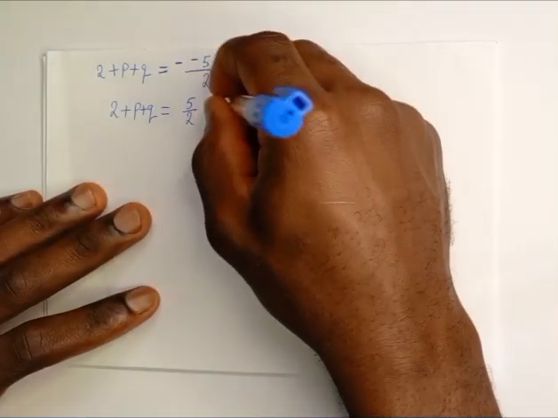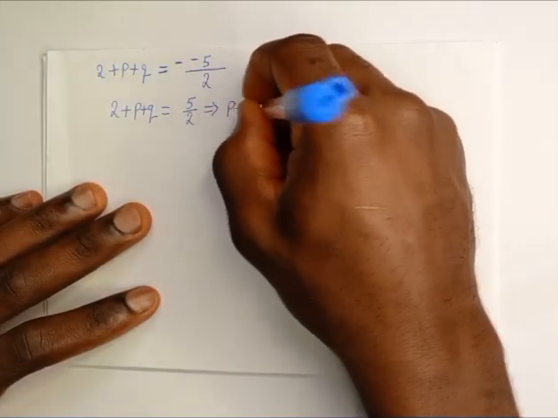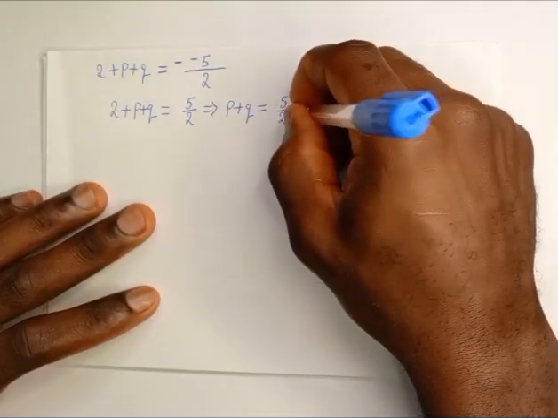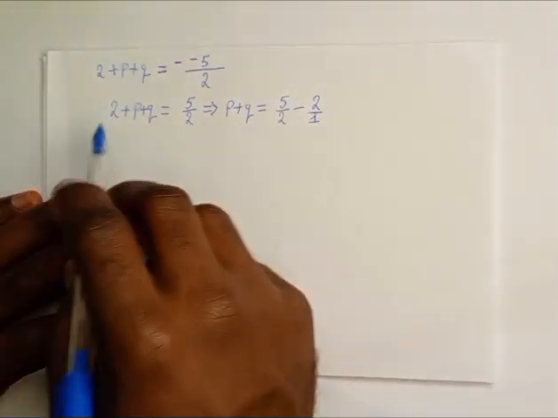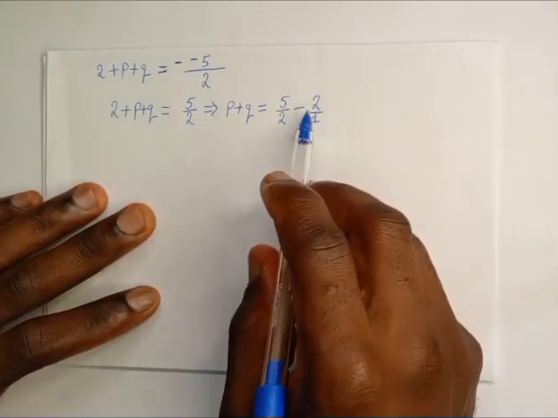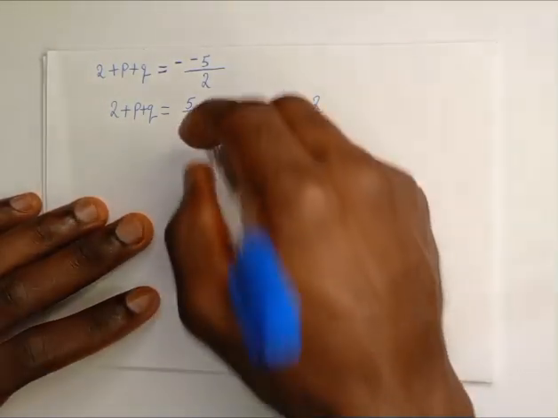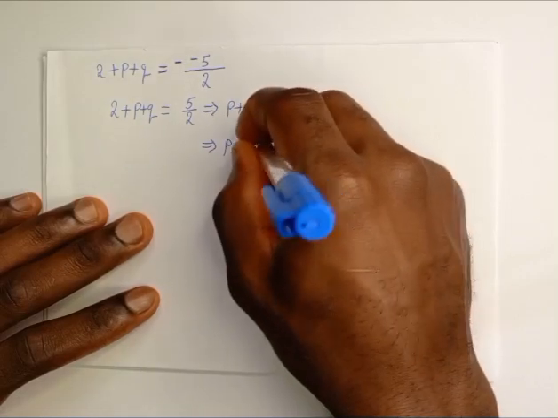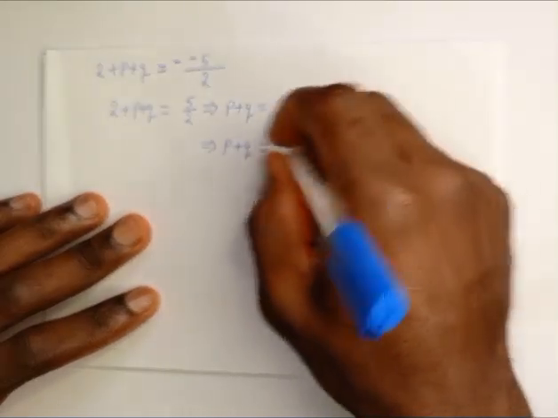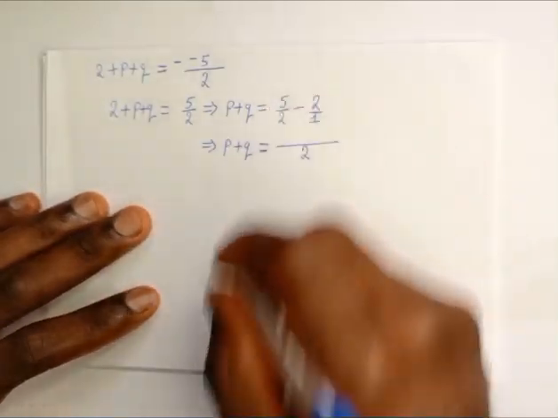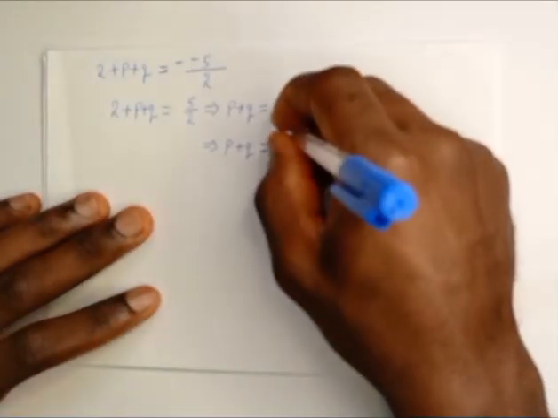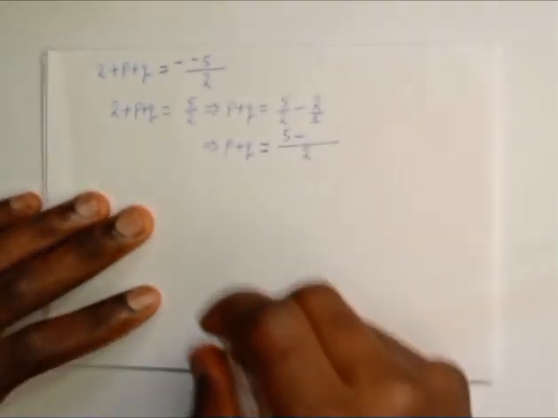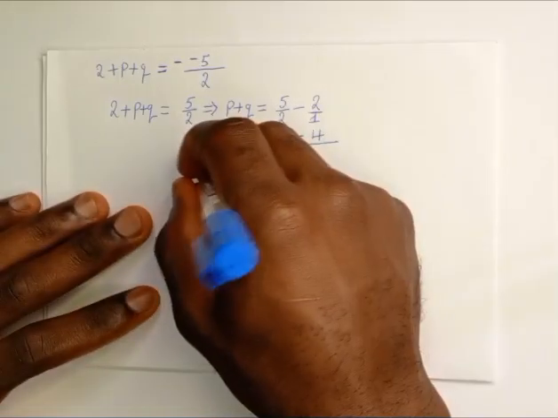Then we need to find p plus q. p plus q will be equal to 5 over 2 minus 2 over 1. We are going to transfer this 2 to the right hand side, which gives us negative 2. Then p plus q will simply be equal to, the LCM of 2 and 1 is 2. 2 divided by 2 gives us 1, 1 times 5 is 5, minus 2 divided by 1 gives 2, 2 times 2 is 4.